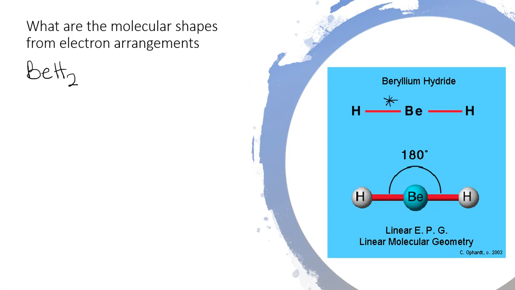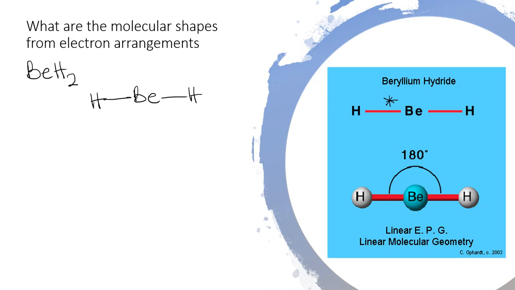The way beryllium dihydride is written, it is showing that we have a central atom, which is beryllium, and two side atoms, which are hydrogens.